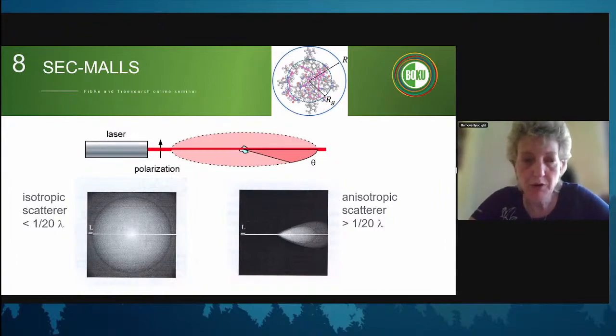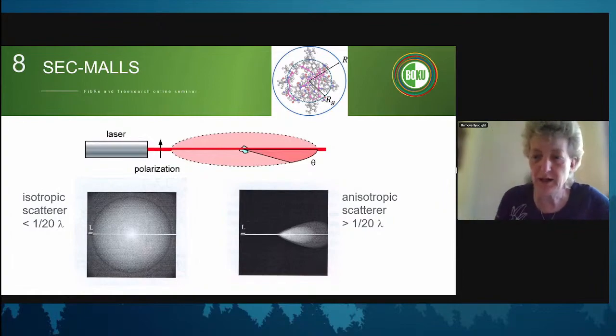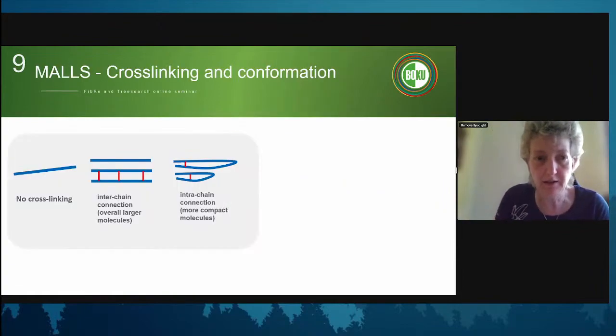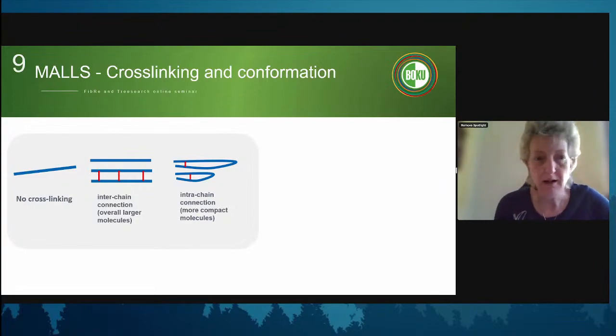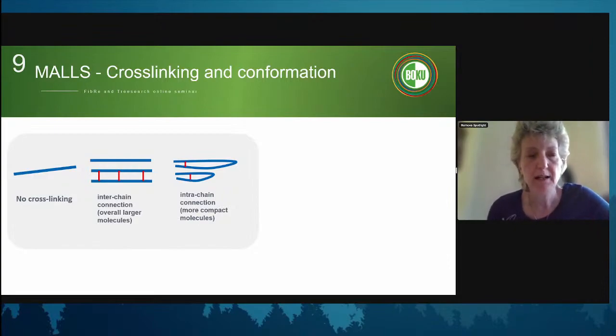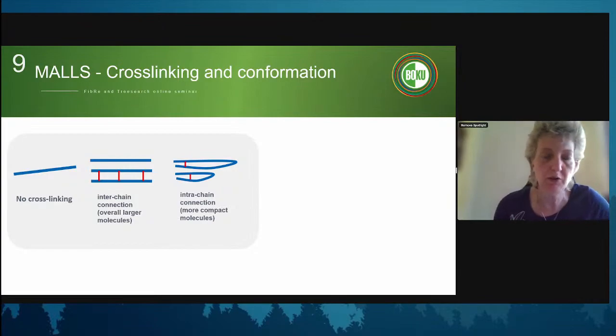For ligand molecules, for instance, we mainly have isotropic scatterers, so the molecule is too small, and here we don't see that angular dependency. For cellulose, it's okay, we do see it, and we can use it. Normal cellulose is not cross-linked, and if we introduce aldehyde groups, which have the ability to cross-link, we can have two types.